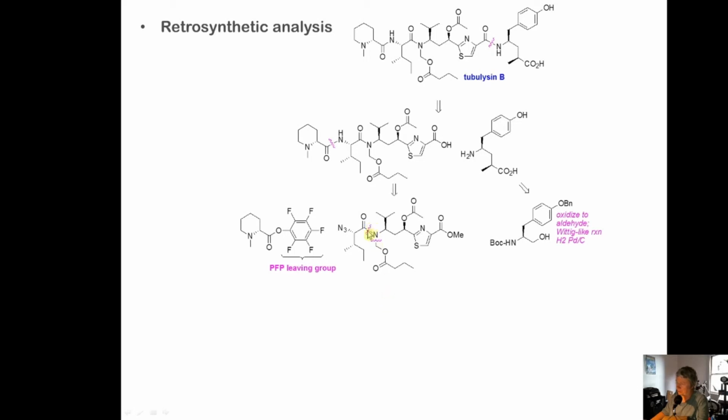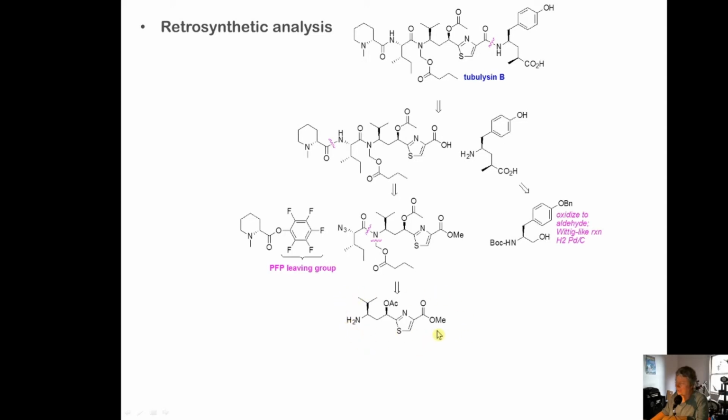Okay, and then the other stuff, a little more retrosynthesis. They snap off this piece, and they snap off this piece. Essentially, this is their fundamental starting material, which they are able to make or purchase pretty readily.